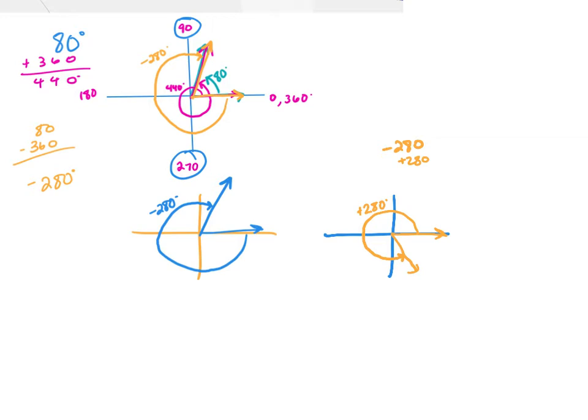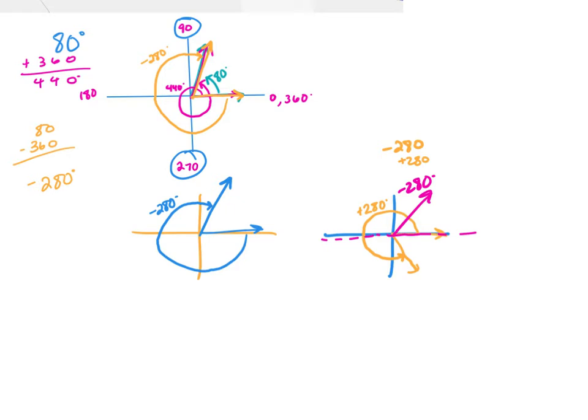If I were to actually fold this down, wherever this would align with on the top is where the negative would be. So it would be here. Again, if I fold it along the x-axis, wherever that line lined up with the top would be the negative version of that angle.